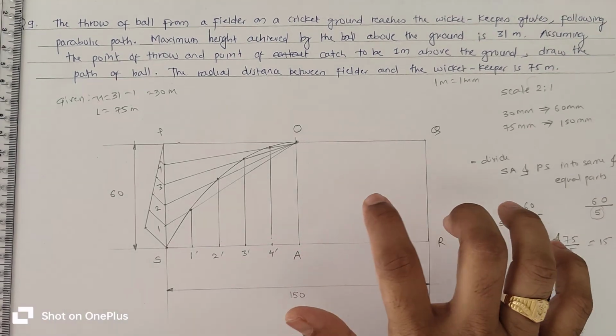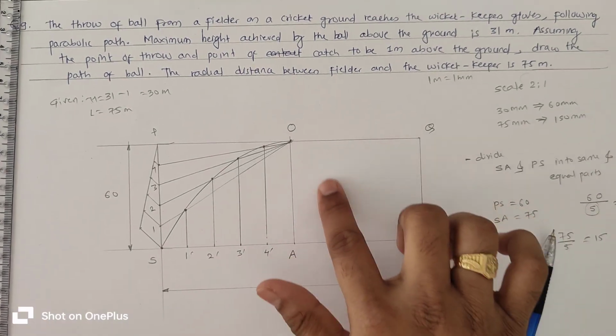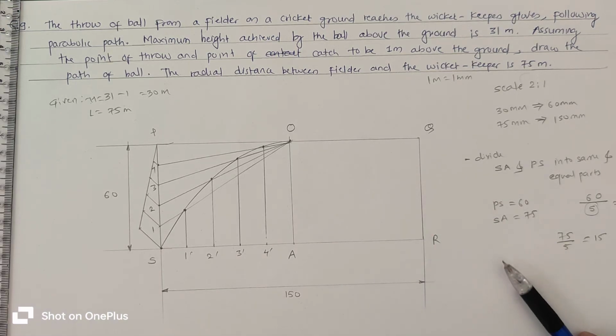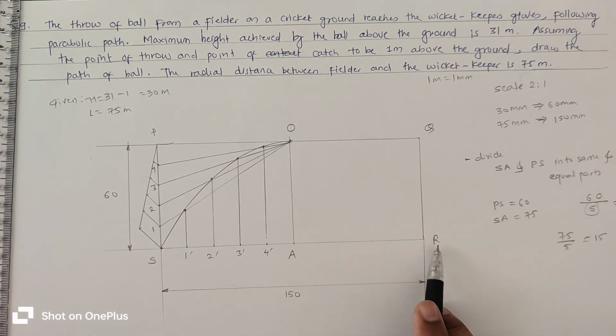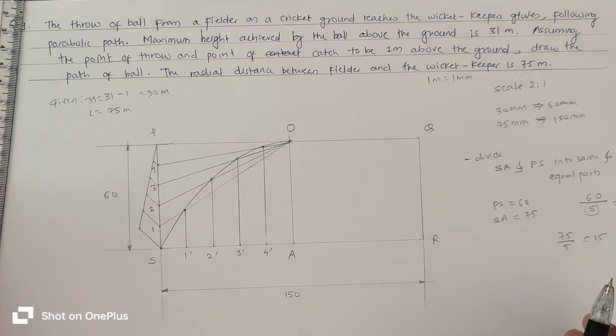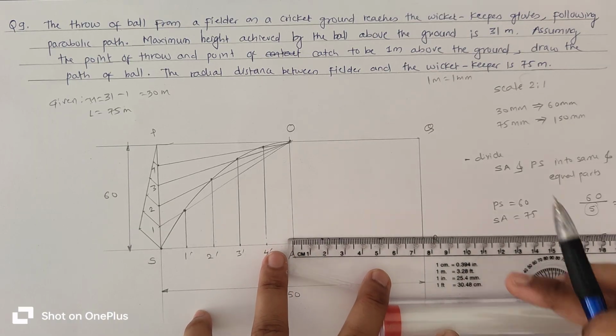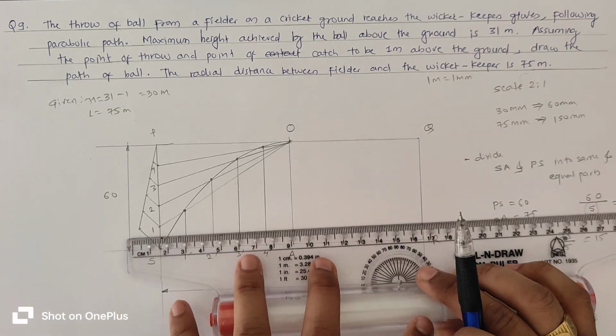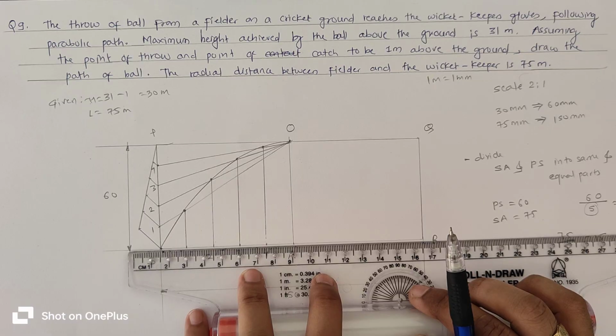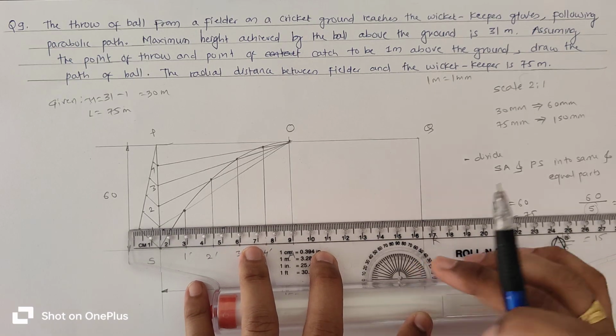Now similarly we will do the construction on this right side. Divide line AR into 5 parts and line QR into 5 parts. To divide line AR we will use a scale, and to divide line QR we will use the roller scale like this.